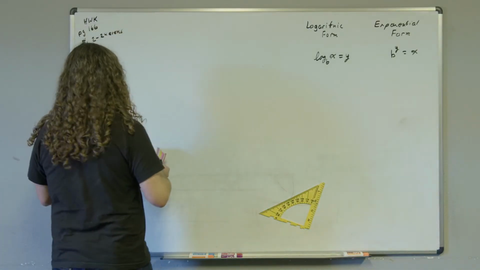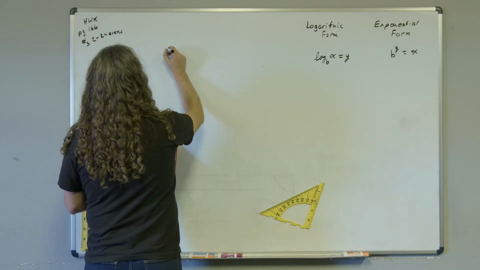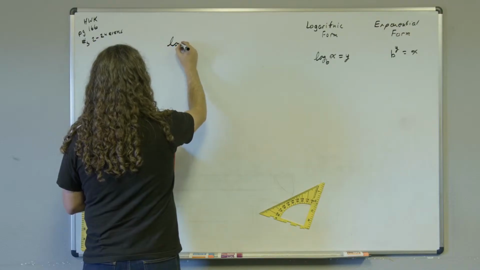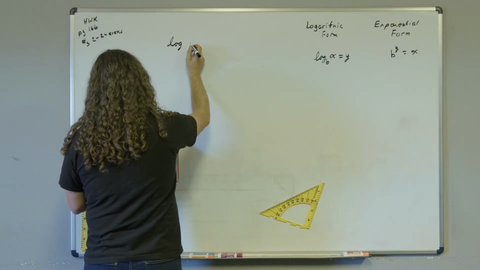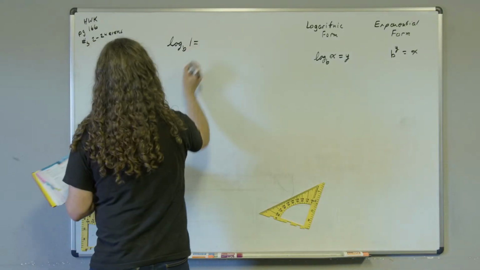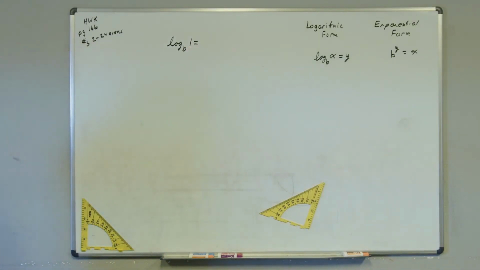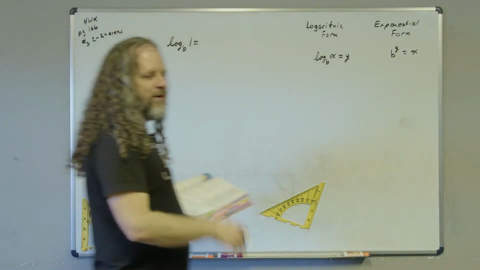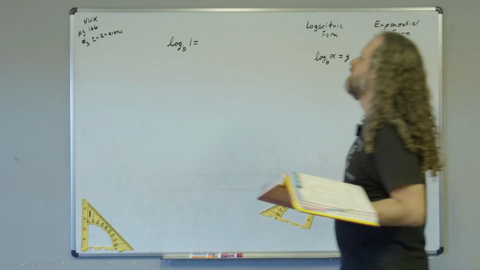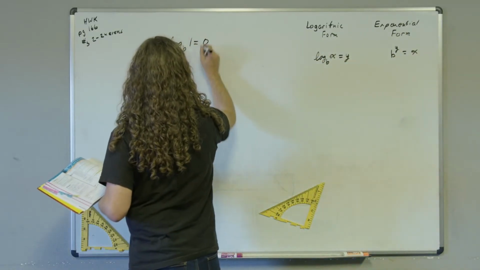So here are a few properties of logarithms that are intuitively obvious if you think about exponents, and you've seen this before. Again, this is all literally review. Log base b of 1. So what exponent makes everything 1? 0. So log base whatever of 1 is 0.